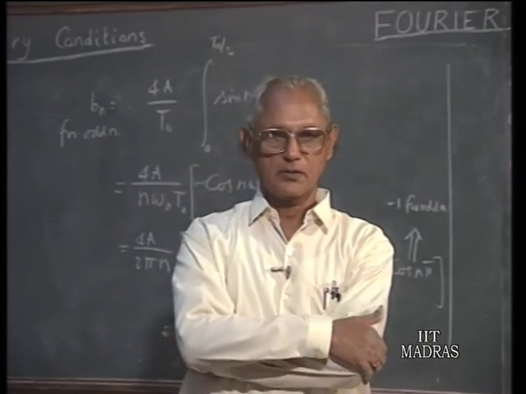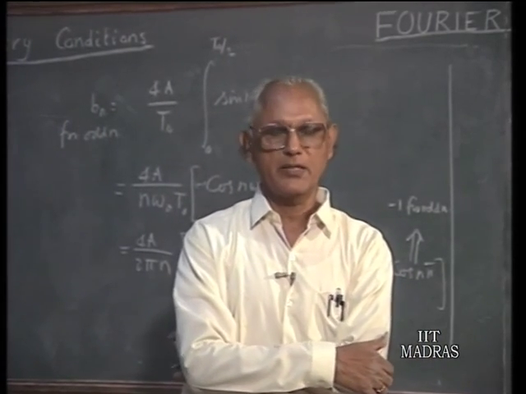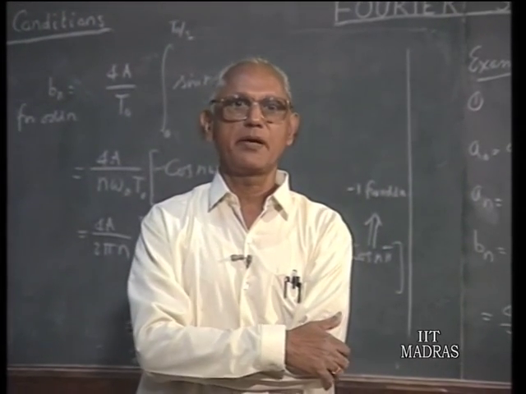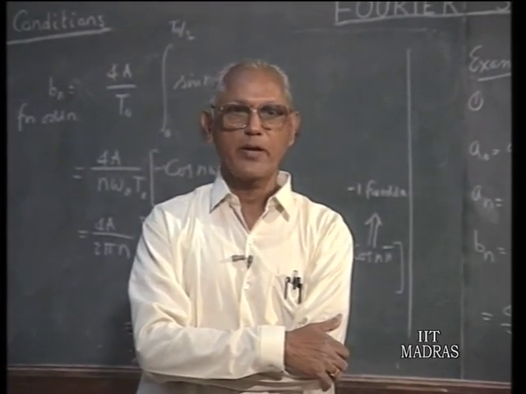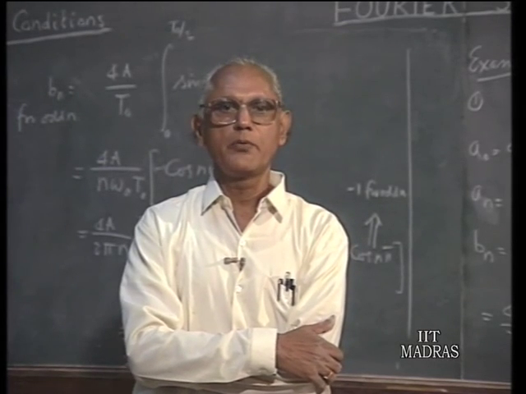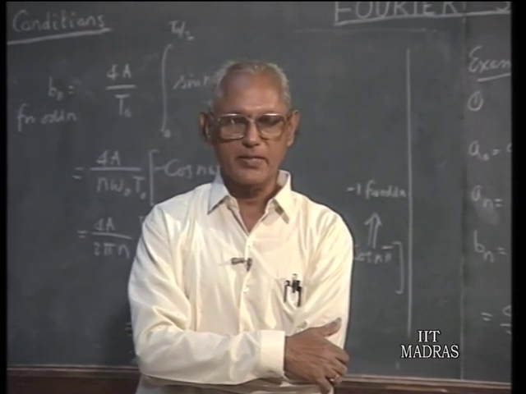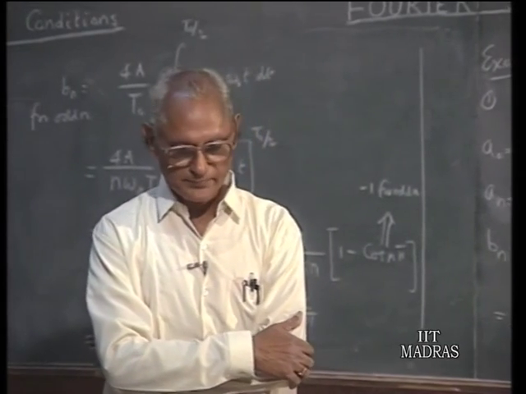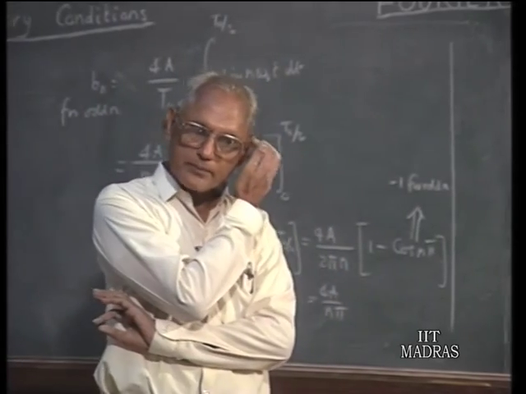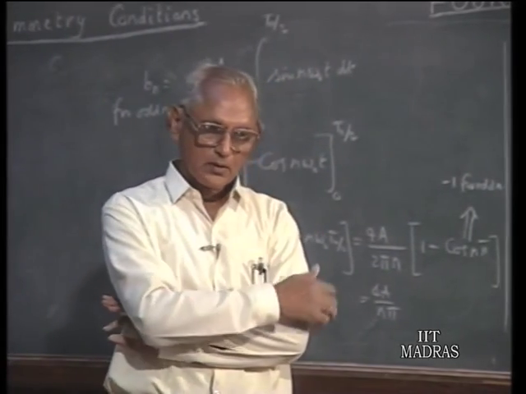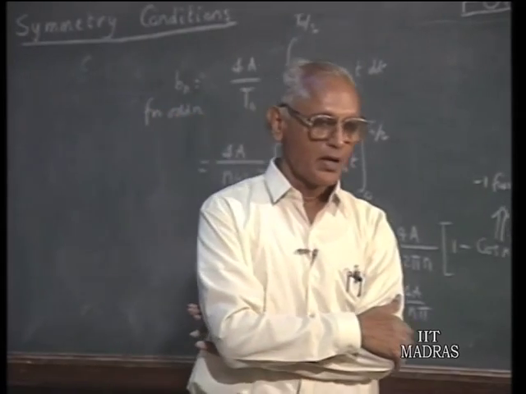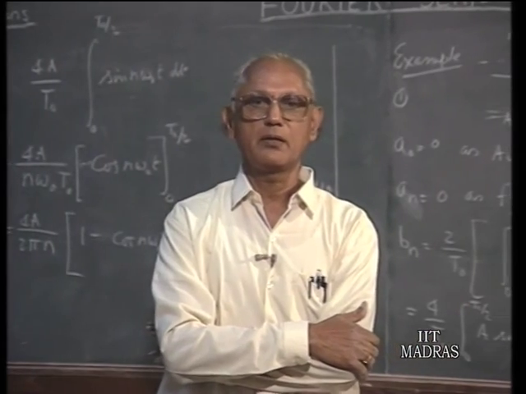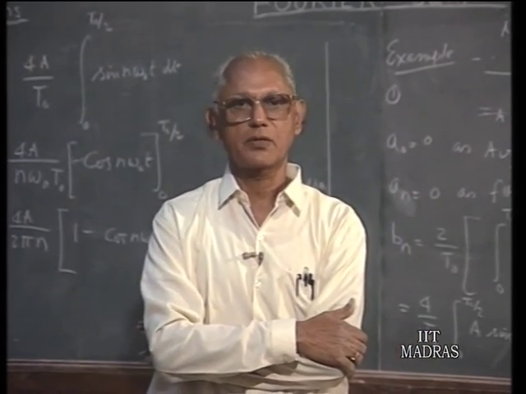If the function is odd, that is, if f of t is minus of f of minus t, only sine terms can be present. And the third type of symmetry that we talked about is when whatever waveform you have for one half cycle is repeated for the subsequent half cycle with its negative sign, then we call that half wave symmetry. It is quite common in electrical machines, for example, and in that situation we have only the odd ordered harmonics. We have the fundamental, the next harmonic is the third harmonic, fifth harmonic, and so on.